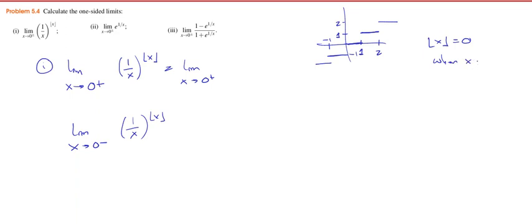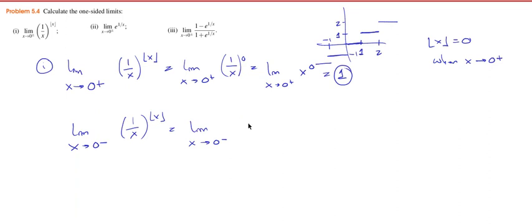So this is equal to 1 over x to the 0, or the limit when x goes to 0 from the right of x to the minus 0, which is x to the 0, and this is 1. It doesn't matter the value of x. This is going to be 1, and actually the value of this function is 1 in all this interval from 0 to 1.